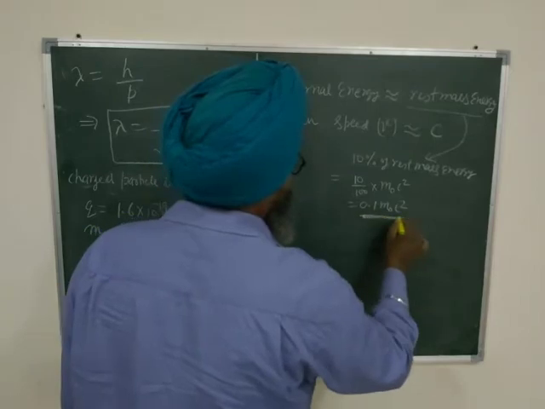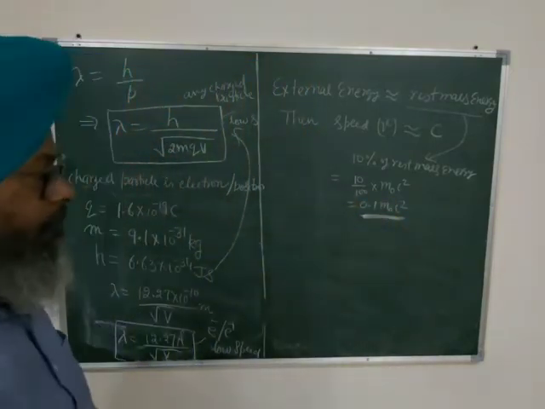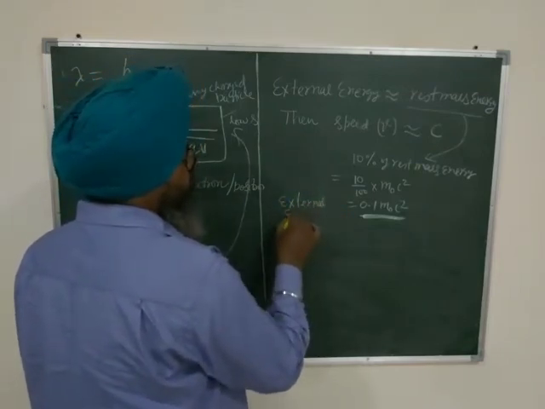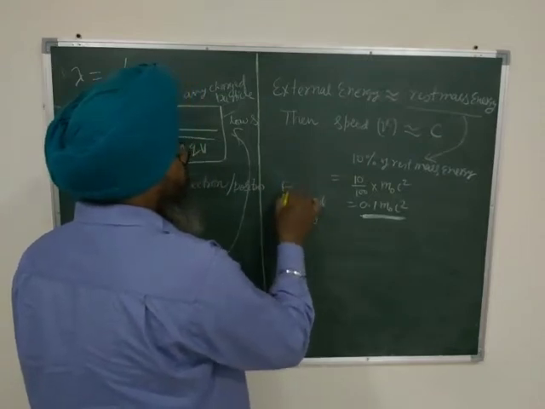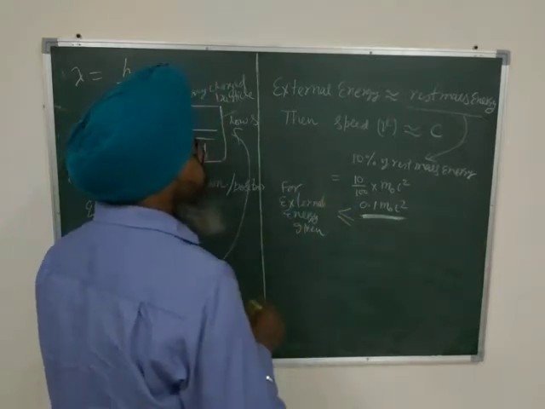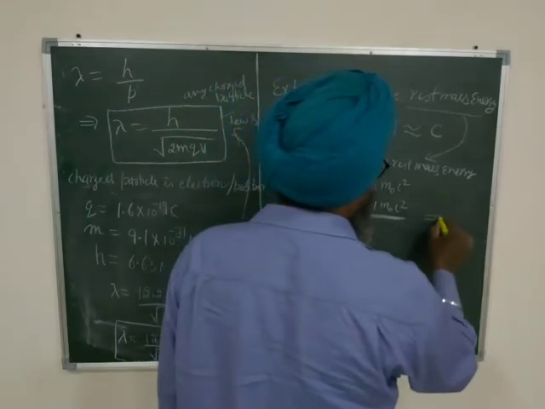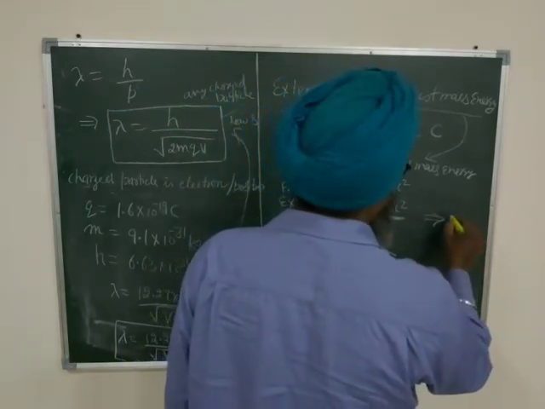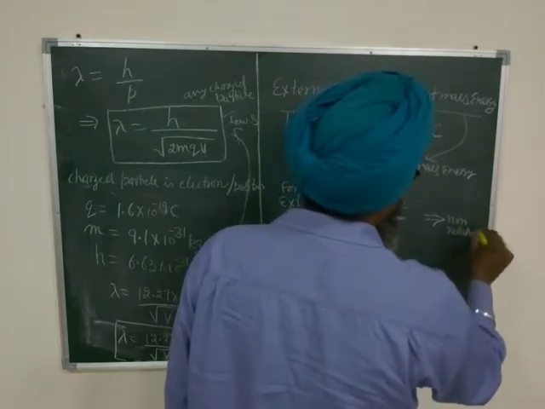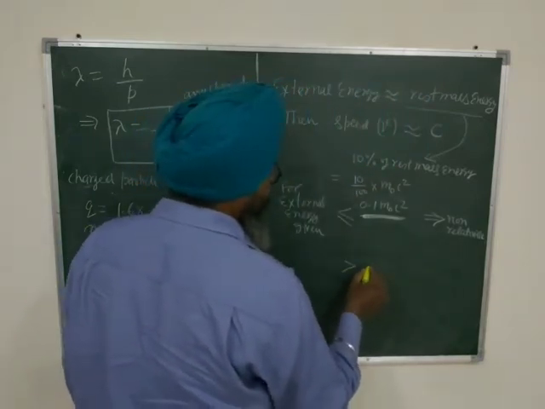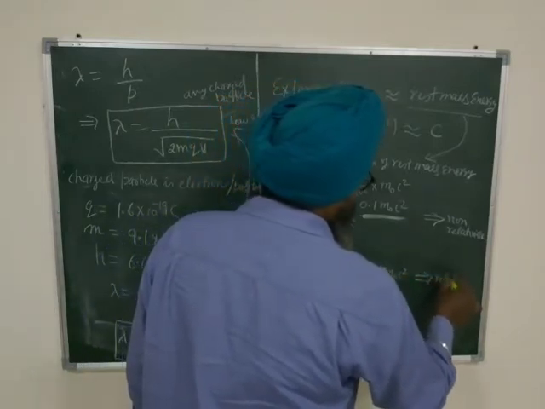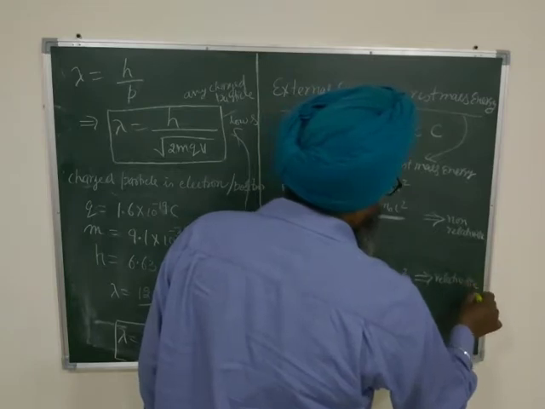This will be the limit, means if external energy given to the object is less than or equal to this value, the case will be non-relativistic, means you will apply the simple formula, and if it is greater than this value, the case will be relativistic. Then you will apply the complex formula.